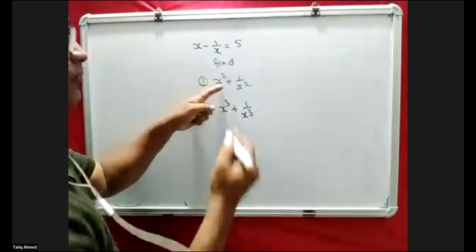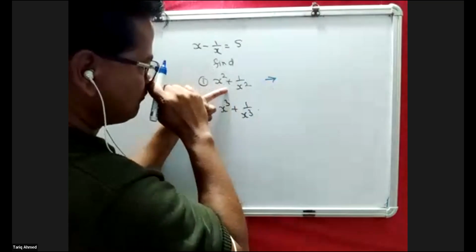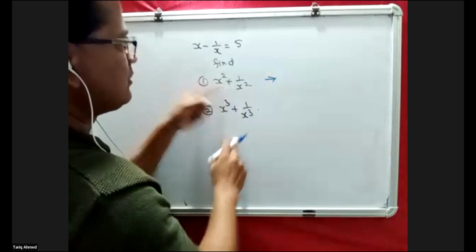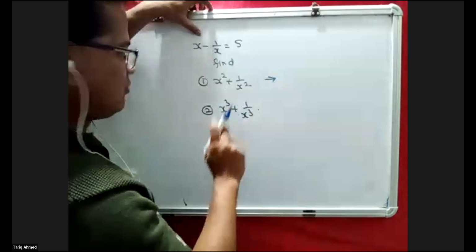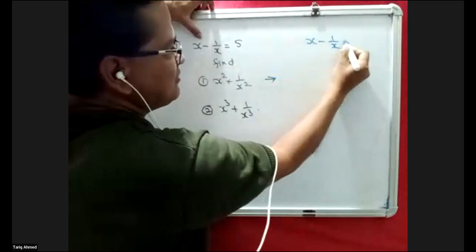Its value, what you are getting? X square is 25 and x cube is 125. No. See, once again. x minus 1 by x is 5.